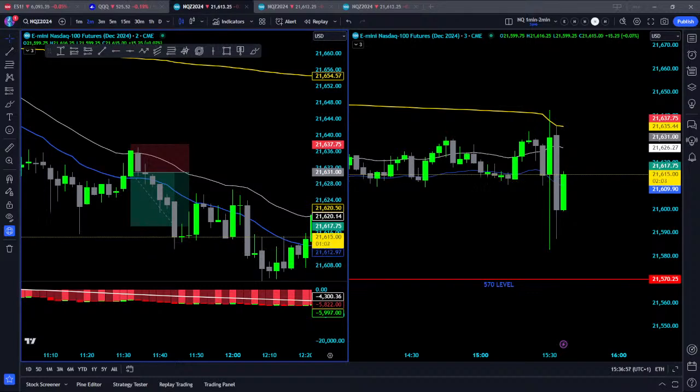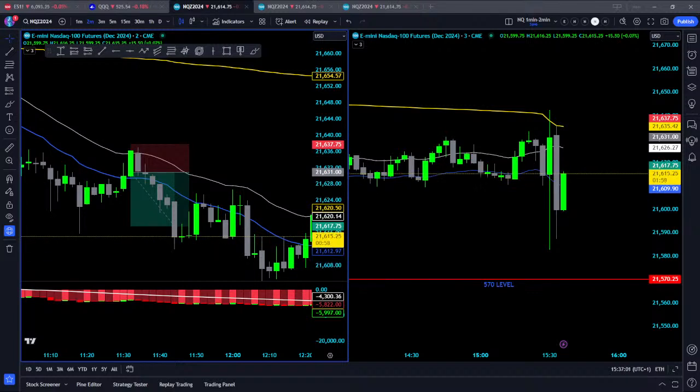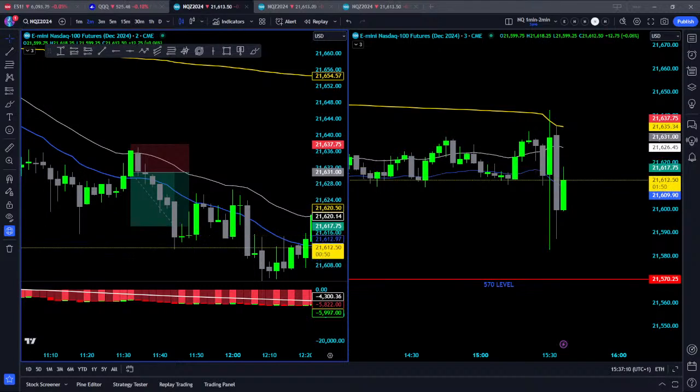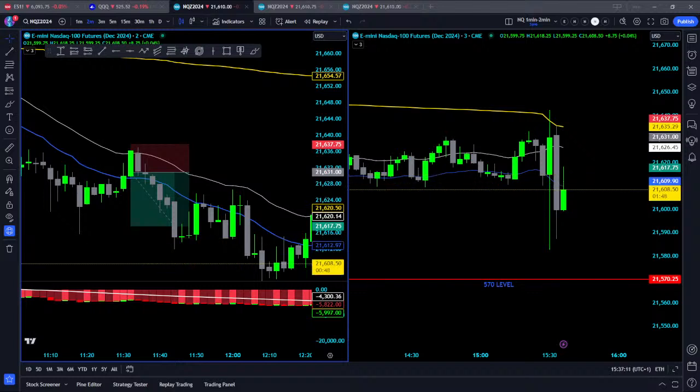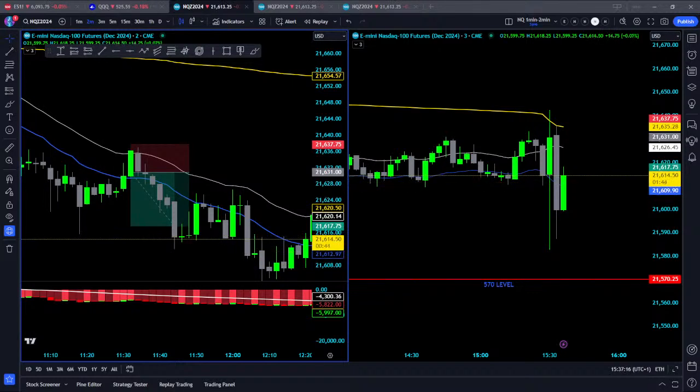Even when you lose, you can always end up in profit when you aim for a 2-to-1 risk to reward. So I never buy the dip. I play for trend continuation, and I play for momentum and strength to the downside.